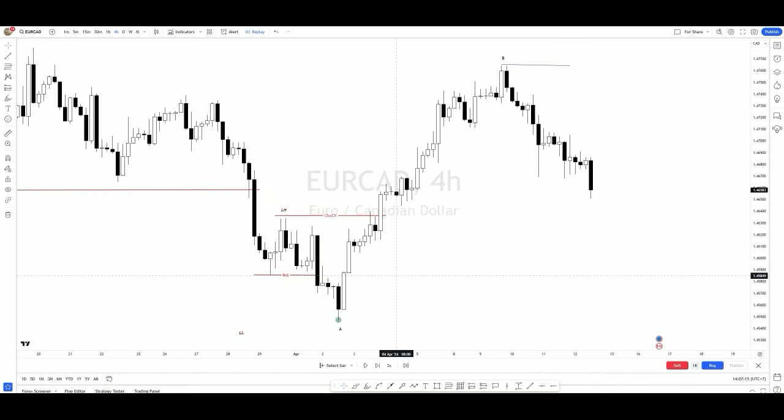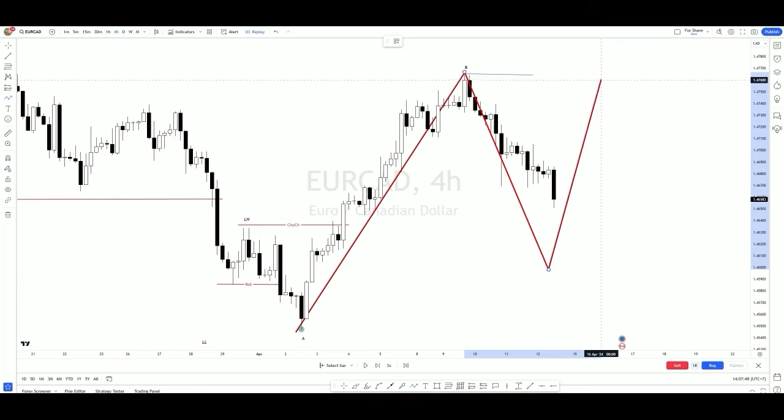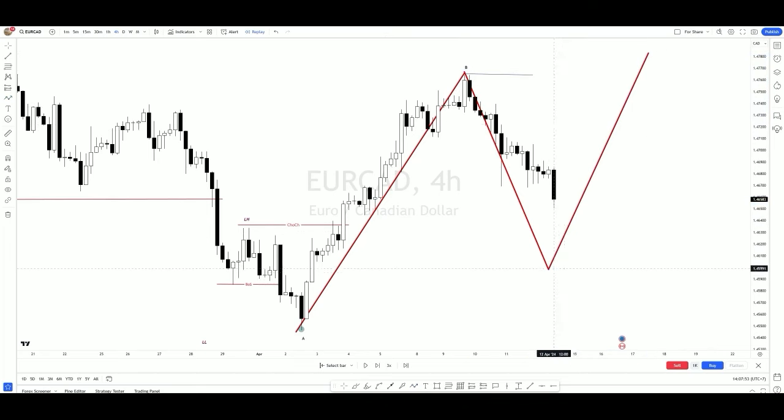So now, how to identify a smaller ABCD pattern within the large one? As you can see here, the AB leg is too big and we don't know how far the market will retrace down until it starts going up again, breaking B to confirm C. And of course, the market will not be moving straight forward like this, right?